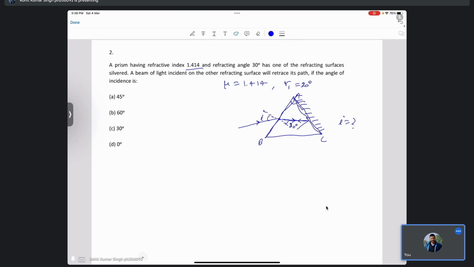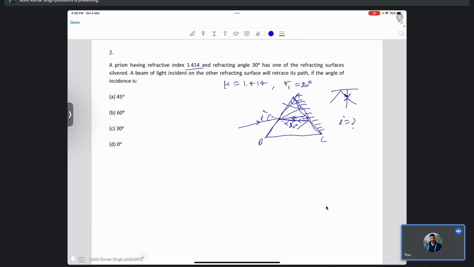If it falls like this, it will reflect like this. Only when it falls on it perpendicularly will it reflect back, because the mirror reflects light perpendicularly, which is normal to it. Otherwise, if any angle is there, it will reflect like this, right?